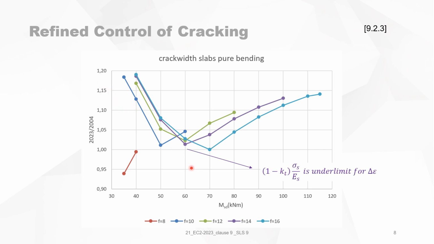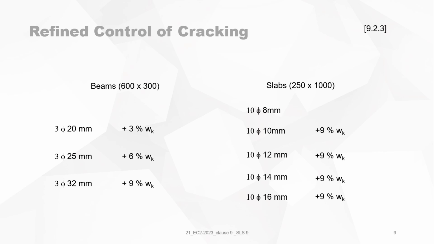Again, we will see that we have two different slopes on each curve, and this is due, again, to the lower limit for delta epsilon. We will ignore the values for diameter 8. And again, you will now see the percentage of increase in crack width opening.